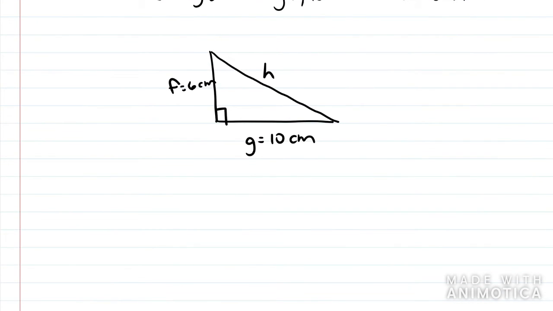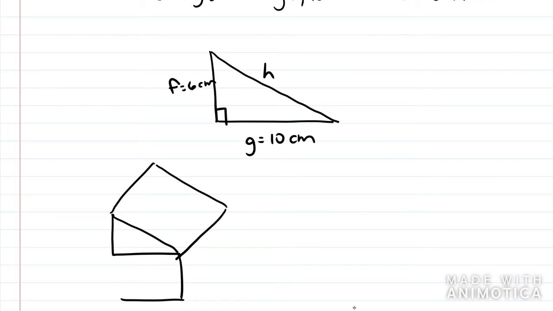So what's our first step? We're going to draw our triangle and draw our squares. This is 6 and this is 10. We know this is 36 and this is 100.